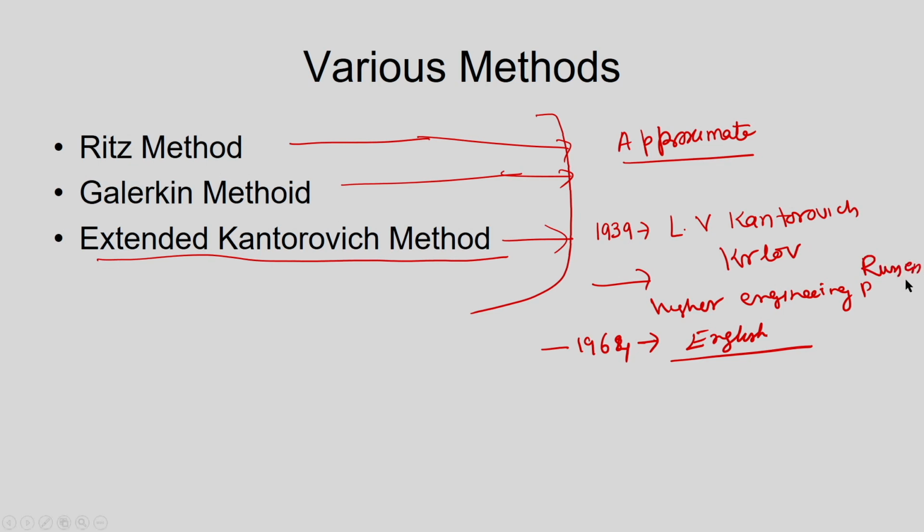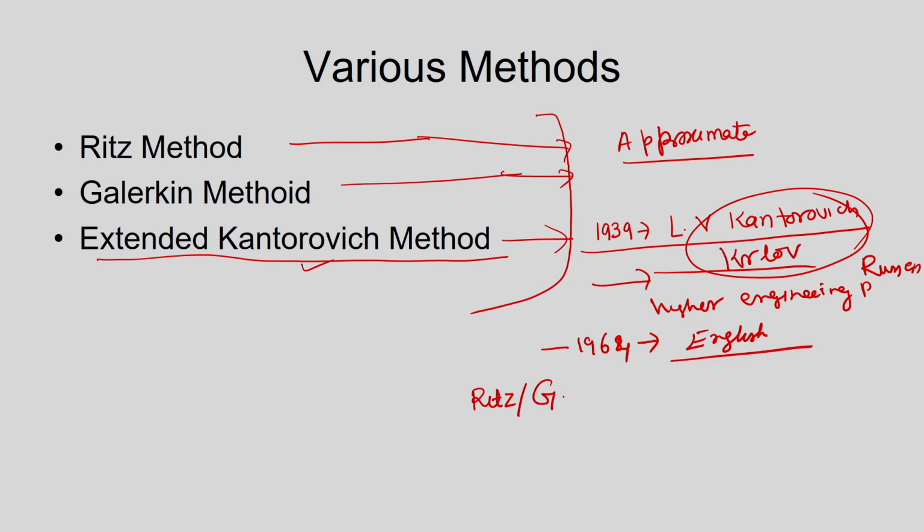Here, Professor Kantorovich and Krylov tried to further improve this method, and later on it became known as the Kantorovich method. Basically, they tried to improve the Ritz method or Galerkin method.